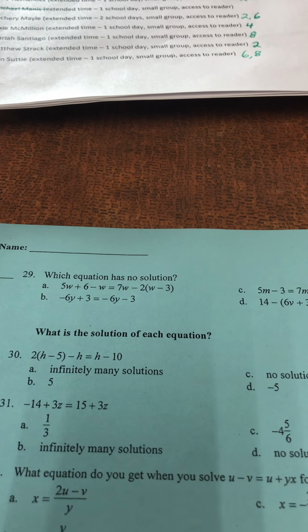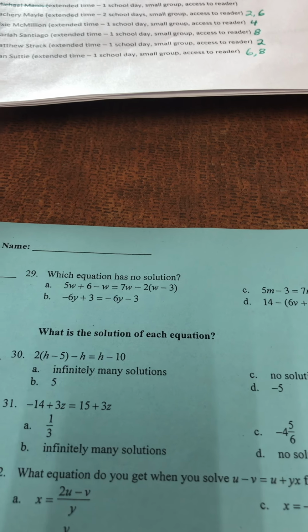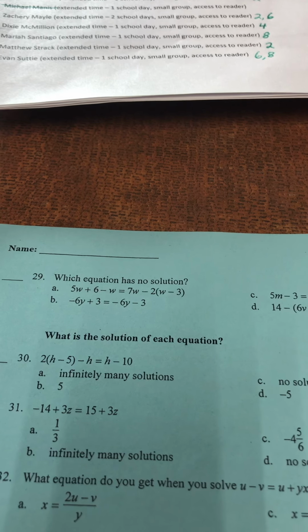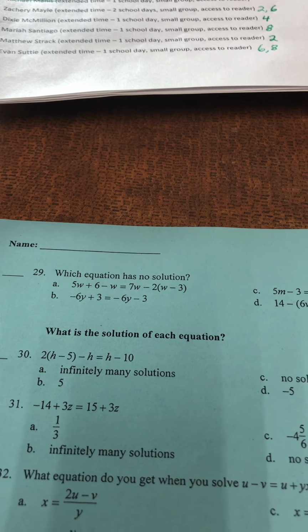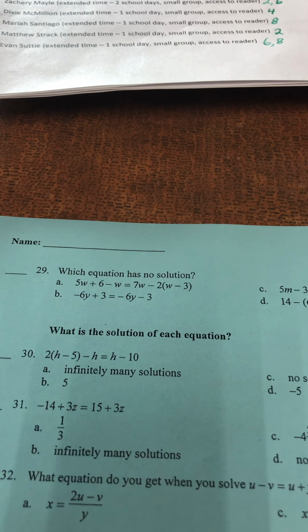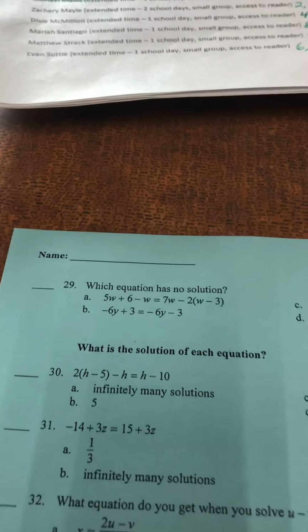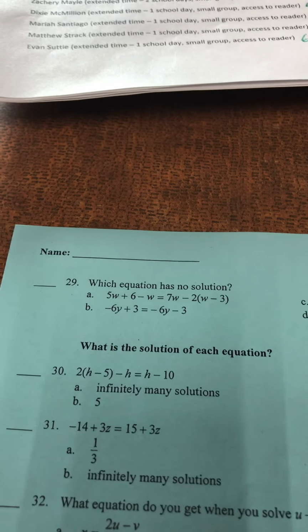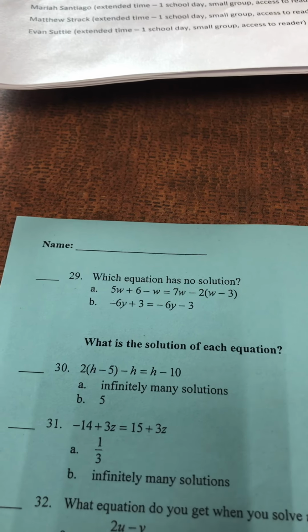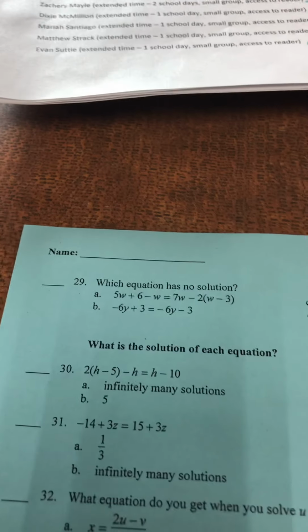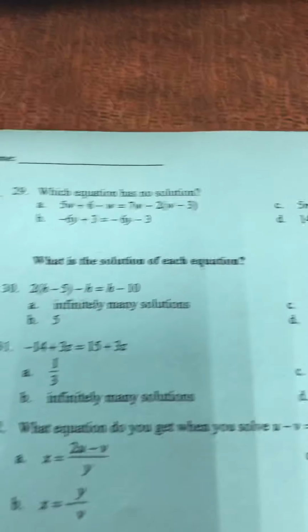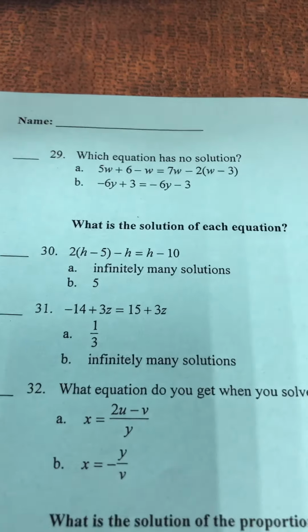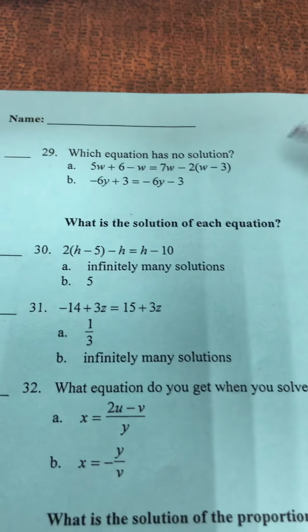Wait, I take that back. Yeah, I erased that. Let me go with either A or B on that one. Okay, A or B. So for 29, your choices are either A or B. When you're getting rid of the variable, trying to get it on one side, it just totally disappears. And you get two numbers that are not equal. It says that they're equal, but they're not equal, so that would be no solution.